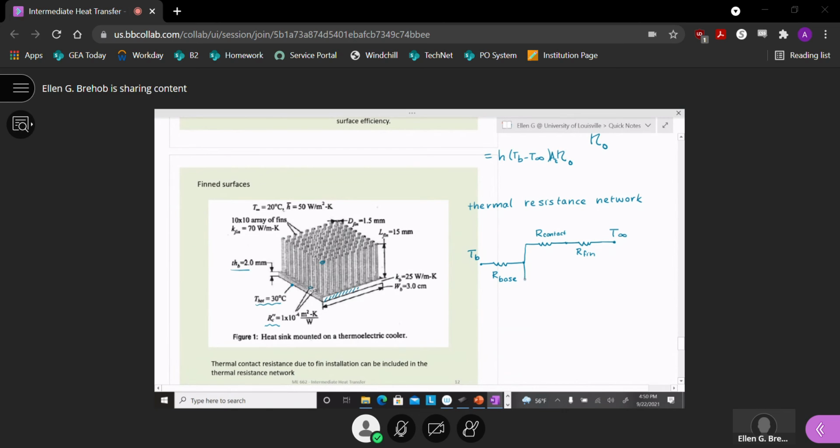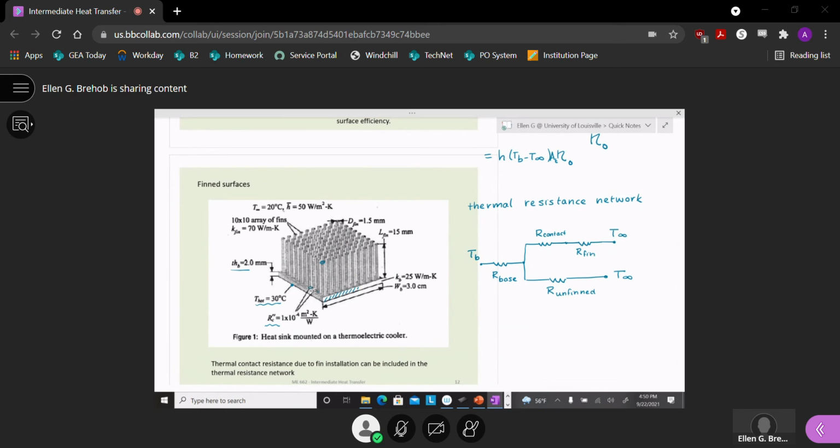And then the other path is that I am not past, I'm on the unfinned portion of the surface, and I can write a thermal resistance element for the unfinned section.